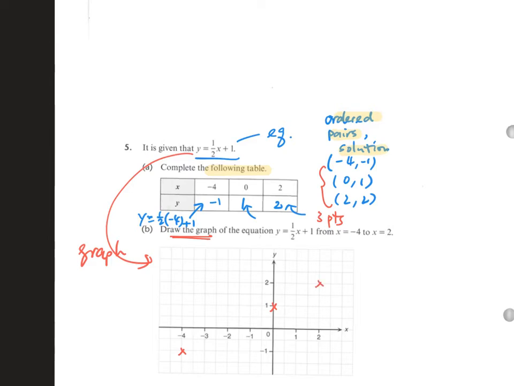And then you can use a ruler to draw the graph, from x is minus 4, starting from this point, to x is 2, where you end, and then you draw the line. Sorry, I don't have a ruler right now, so you use a ruler to draw the graph in a better way. And last, don't forget to label the equation on the diagram accordingly.